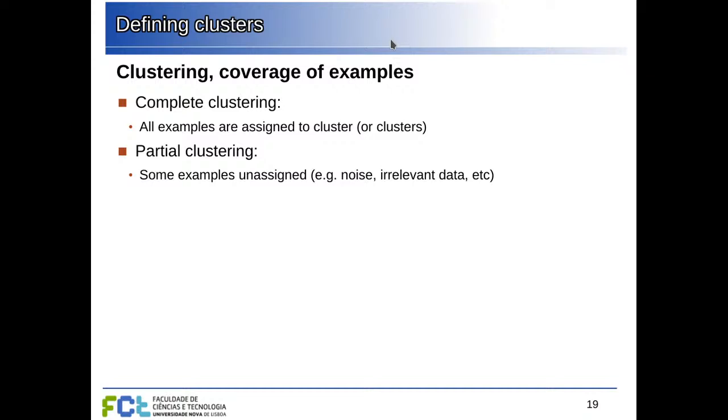So as you can imagine, if we are thinking about these different criteria, we will end up needing very different algorithms to do clustering in these different conditions. So that's what we're going to look at in the next few weeks, different algorithms that allow us to cover these different needs, and we need to select them according to what we want to do with our data.